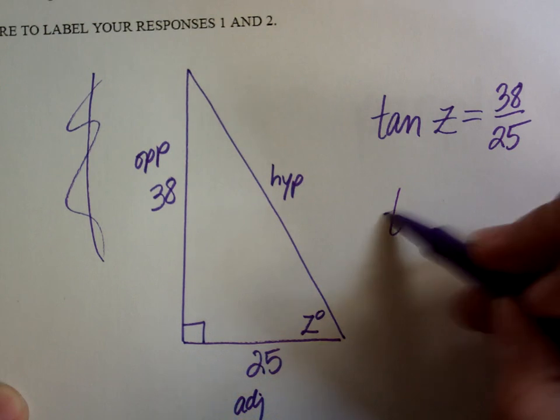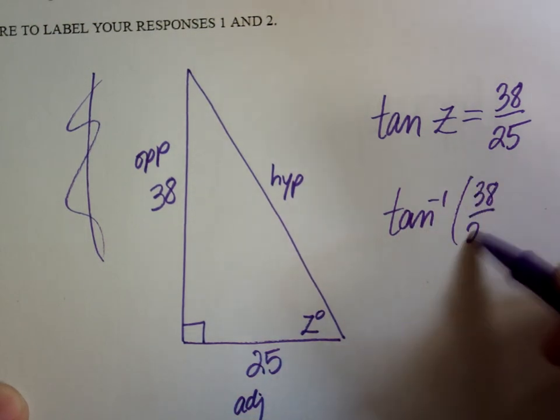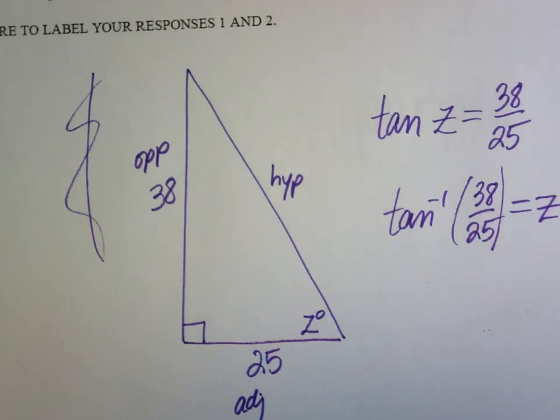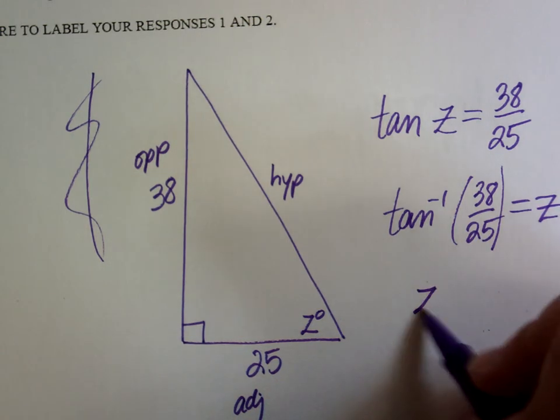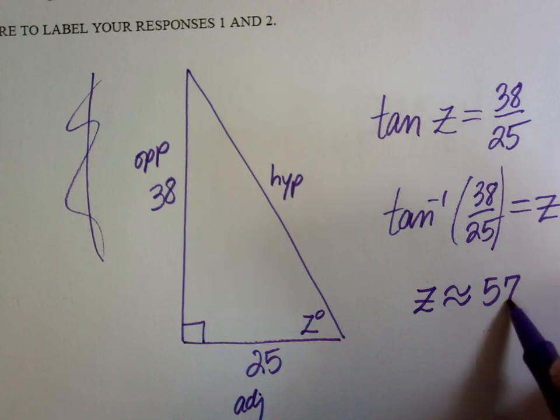So inverse tan of 38 over 25 gives me z. So inverse tan, that's second tan, 38 divided by 25. And I get 56.65. Remember, with angles, we usually round to a whole number of degrees, so that's 57 degrees.